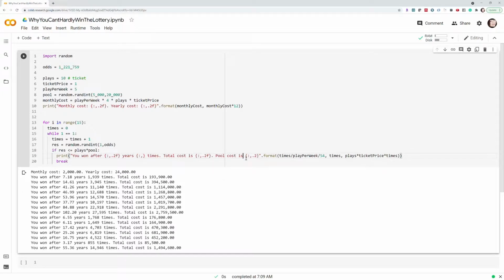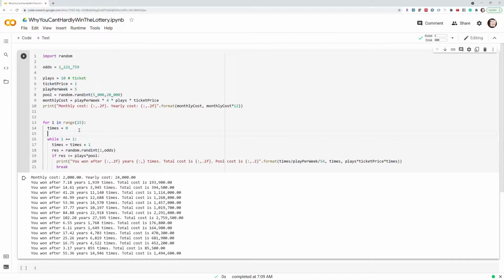To insert this amount, think about this. Of course, it's going to add up, and every single time is different, right? Every single time the pool is going to pay a different number because there's a different number of people playing.